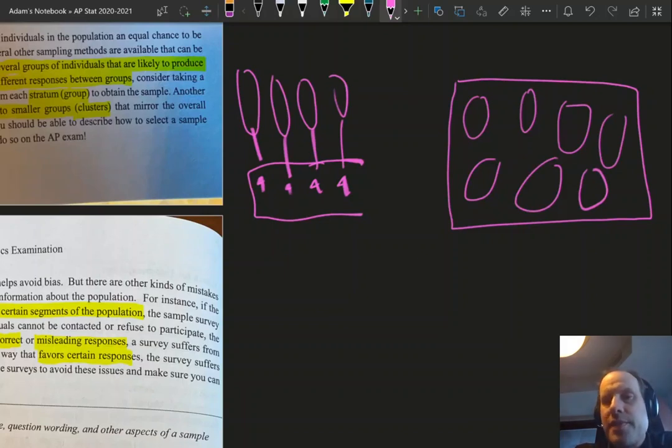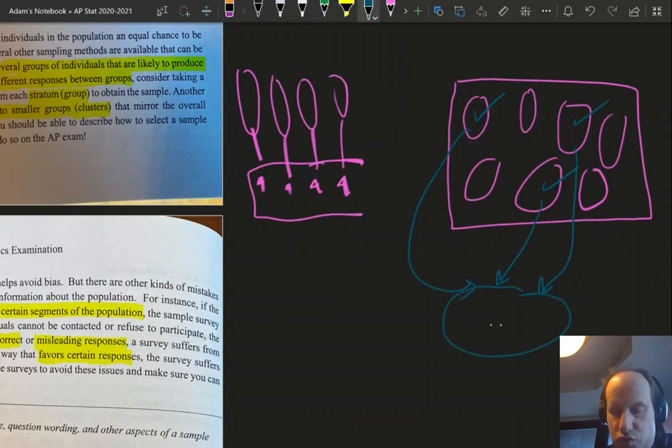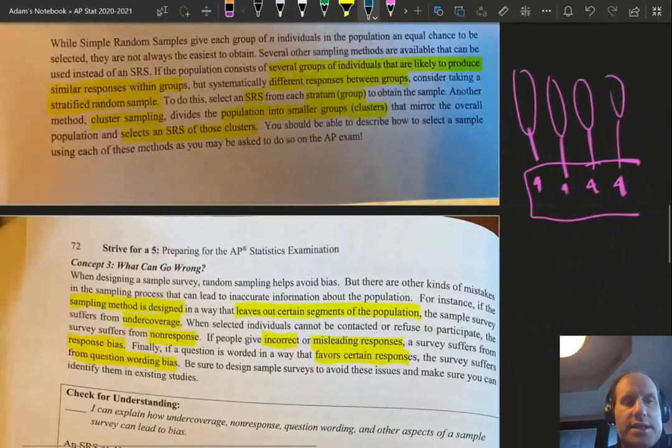And we would take a simple random sample of those clusters. So maybe we would take this one, this one, this one. And then all 3 of these actual clusters are now our random sample. We just take everyone there, and that is our sample. So it's a little different, and I'll go more into detail with this later.